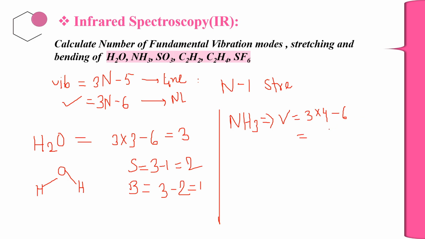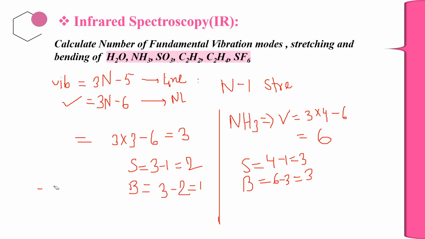So the total number of modes of vibration is 6, out of which stretching is n minus 1, that means 4 minus 1 equal to 3, and the bending is also 3, since 6 minus 3 equal to 3. Similarly, I just rub off the H2O case, and we'll try the next one.